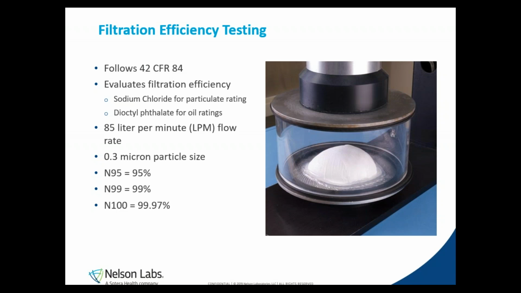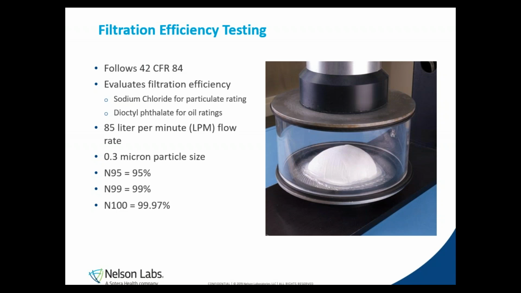For this testing, the 0.3 micron has been determined to be at or near the most penetrating particle size for this type of filter. In addition, during this testing, a neutralized particle is used, which would take away any of the effects of an electrostatically charged filter. Combined with the high flow rate and the small particle size, this makes for a very challenging test.